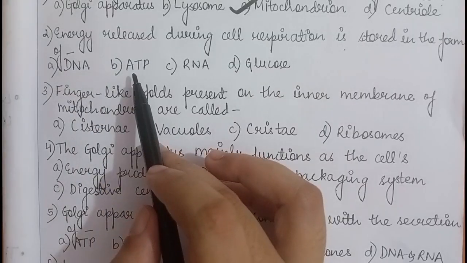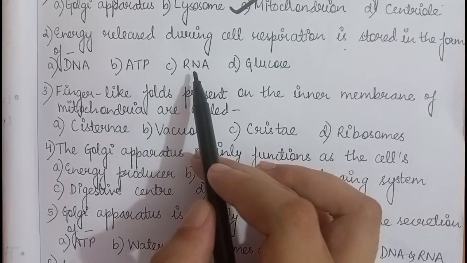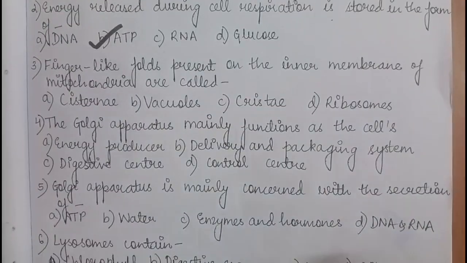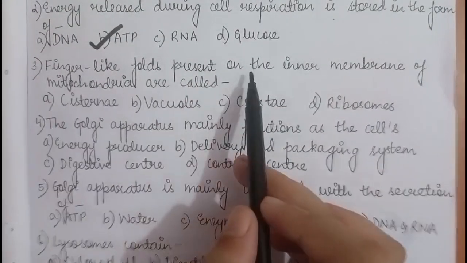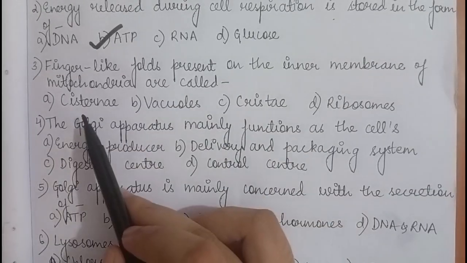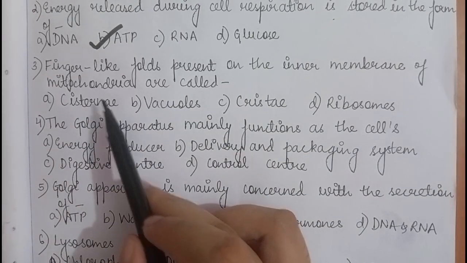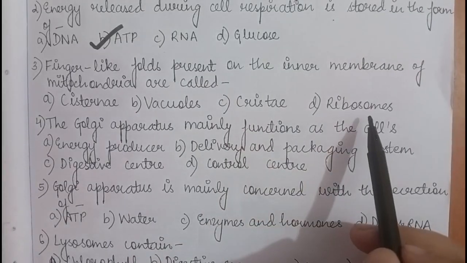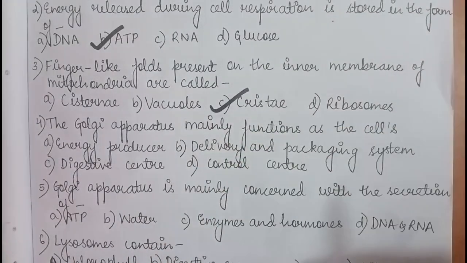No. ATP? Yes. RNA? No. Glucose? No. So option B is correct. Finger-like folds present on the inner membrane of mitochondria are called cisternae? No. Vacuoles? No. Cristae? Yes. Ribosomes? No. So option C is correct.